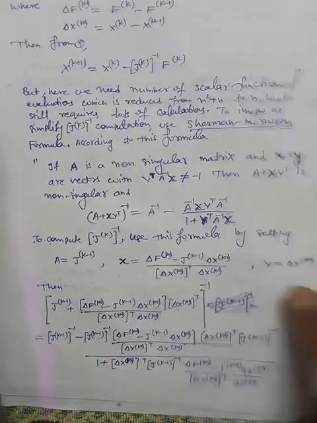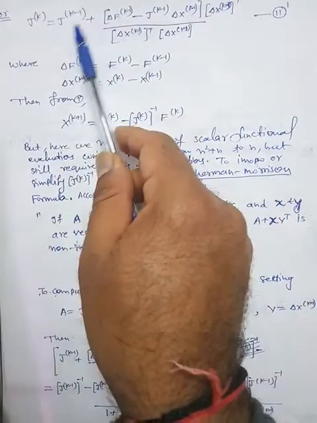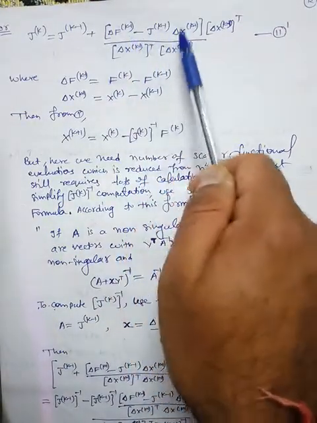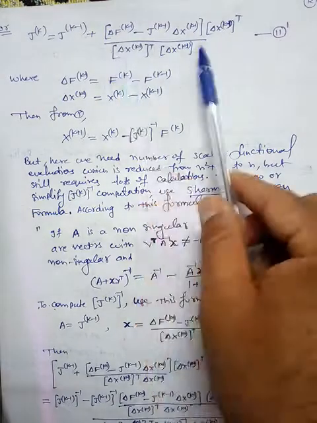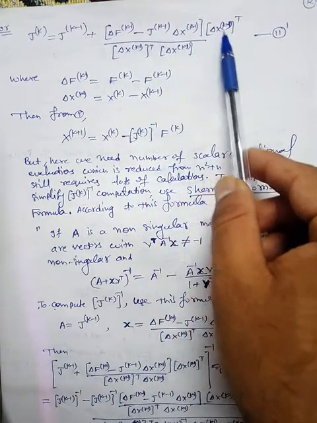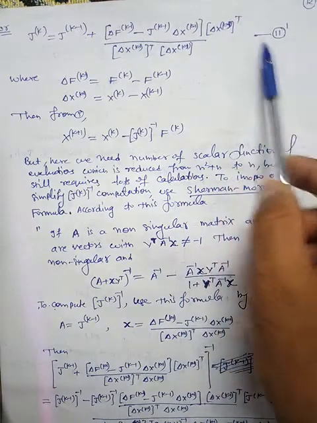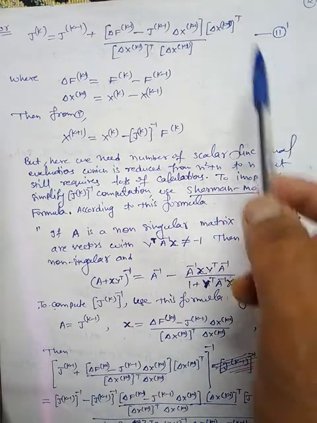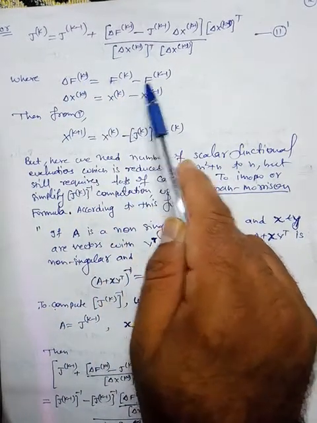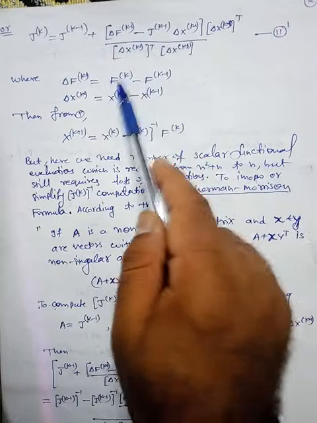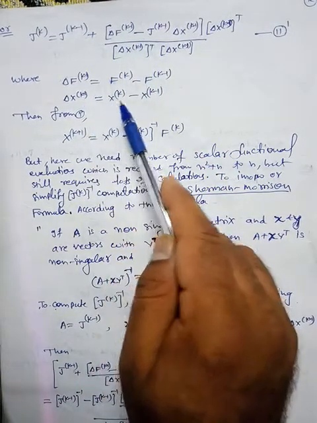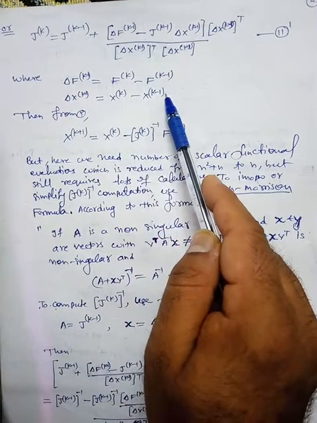And hence this is the equation: jk is equal to jk minus 1 plus delta fk minus 1 minus jk minus 1 delta xk minus 1, divided by delta xk minus 1 transpose delta xk minus 1, multiplied by delta xk minus 1 transpose. Okay, this is equation number 11 dash, where delta fk minus 1 is the difference between two functional values. Similarly, delta xk minus 1 is the difference between two x values.